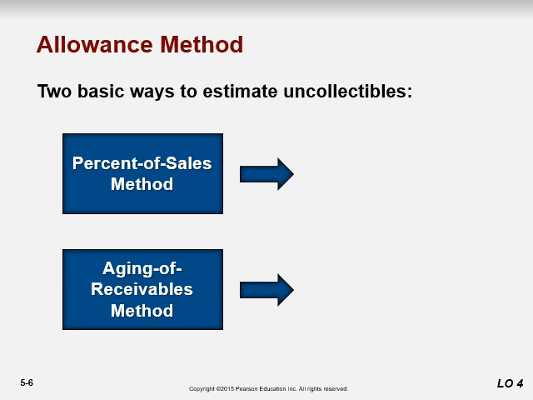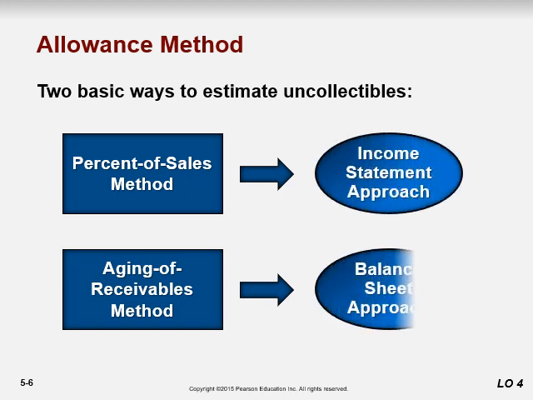There are two basic ways to estimate uncollectibles: the percentage of sales method and the aging of receivables method. The percentage of sales method is basically the income statement approach. As the name suggests, sales is a part of the income statement.